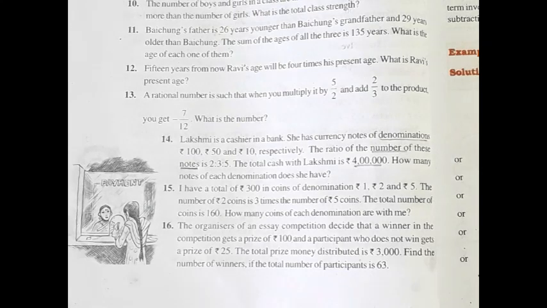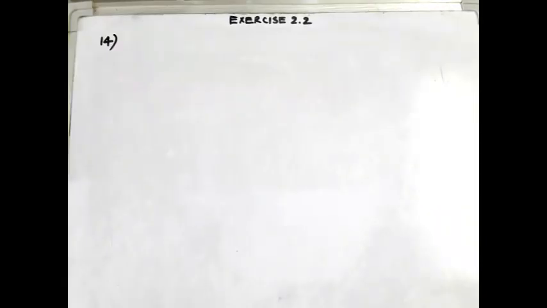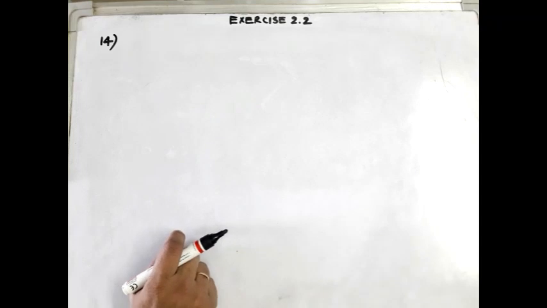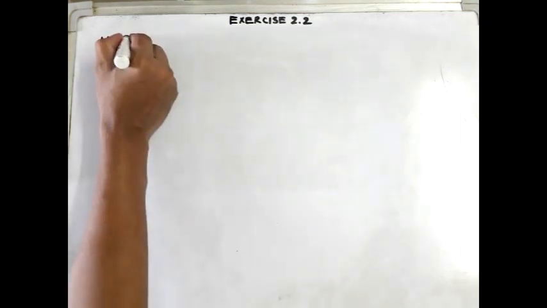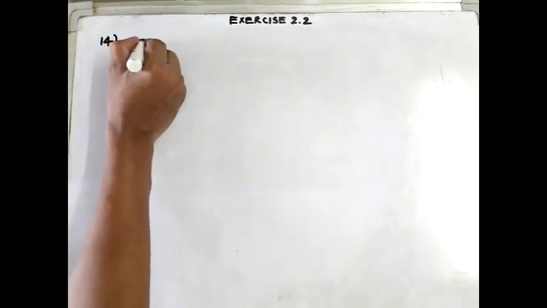Now let us move to the solution. First I want to write the given items in the form of a table so that it will be of great use for us to solve the given question. So first, they gave some denominations.